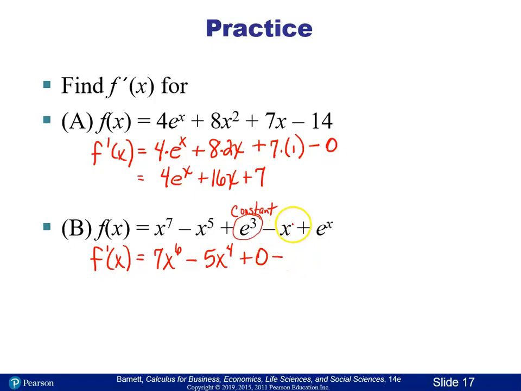Here, the derivative of x is just going to be 1. And then the derivative of e to the x is e to the x. So we have 7x to the 6th minus 5x to the 4th minus 1, plus e to the x. That one's really testing your understanding of differentiating each type of term there.